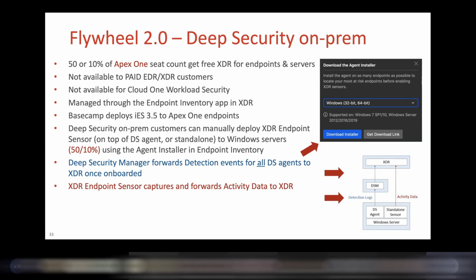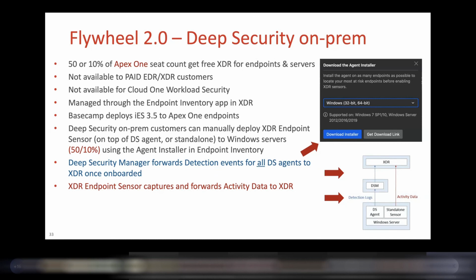So when the customer enables it, the activity data is not collected automatically. However, the log detections are collected. And to get the activity data, the customer needs to download the XDR sensor.